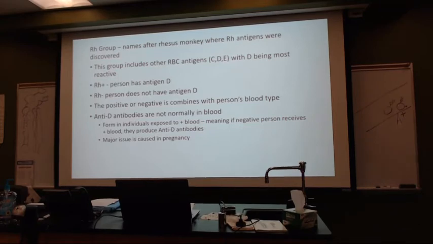It will not develop the antibodies to it. Like, for example, if you are negative, but you're given positive blood, your body develops the antibodies. For the most part, that's okay.